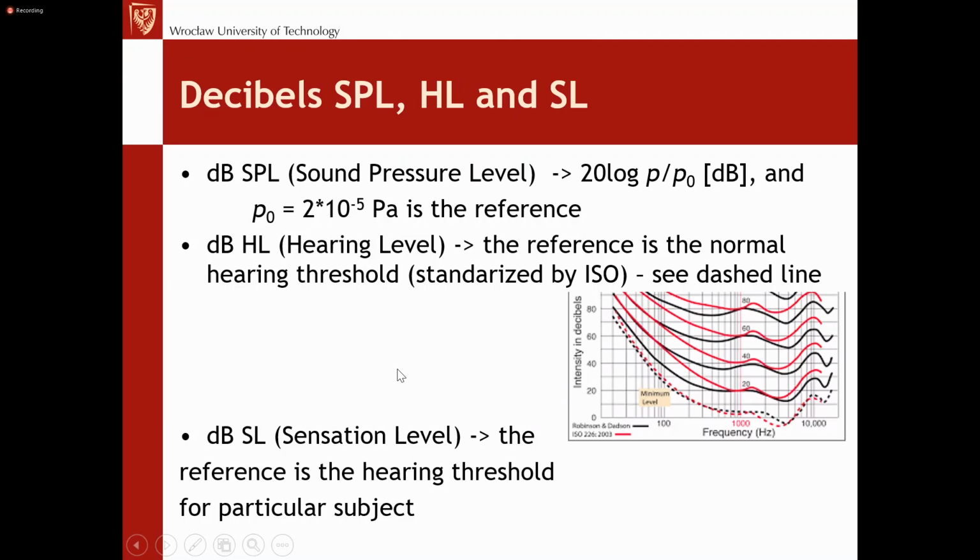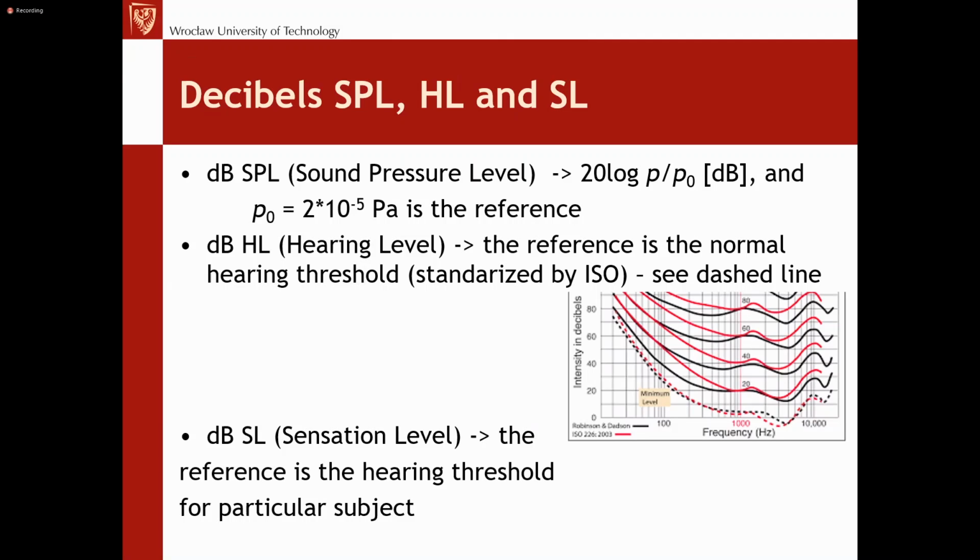The difference between dBHL and dBSL is that dBHL is for the normal hearing threshold obtained for a large group of subjects in good hearing, and normal hearing is defined for people of about 20 years old, but sensation level can be measured for everybody.